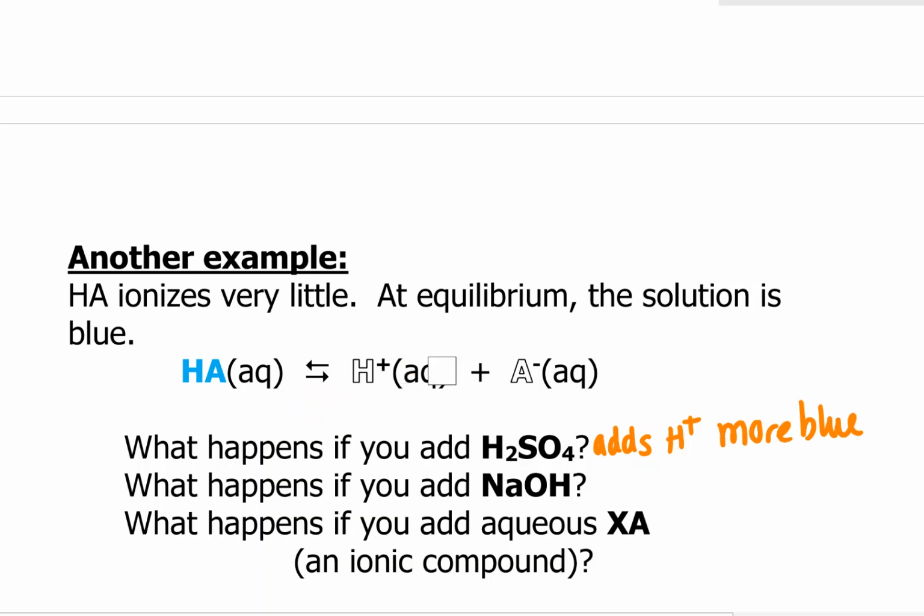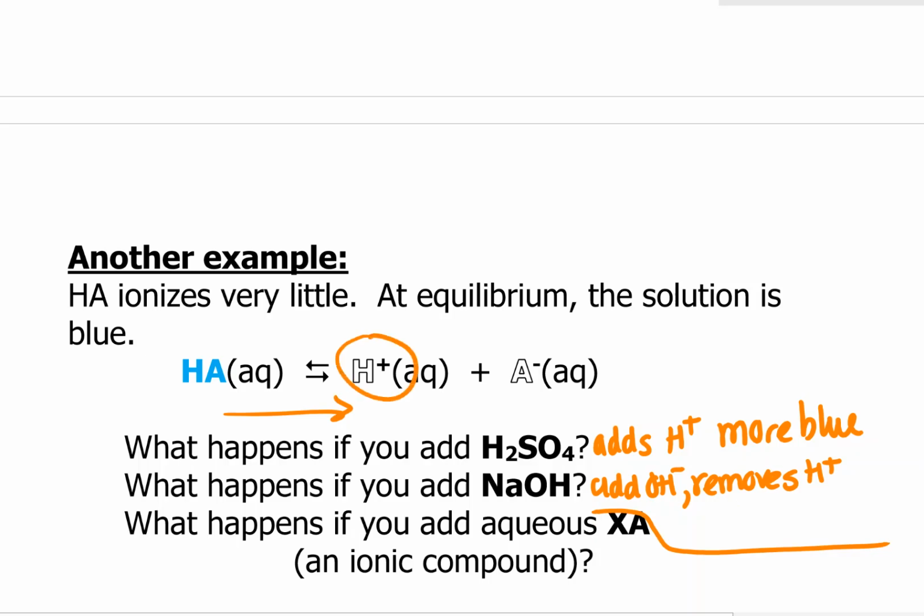If we add hydroxide ions, this adds hydroxide, which removes hydrogen ions, and so it would shift to the right to replace those hydrogen ions. So maybe it'll get lighter blue. Might go to colorless, maybe not, depends on how much you added.